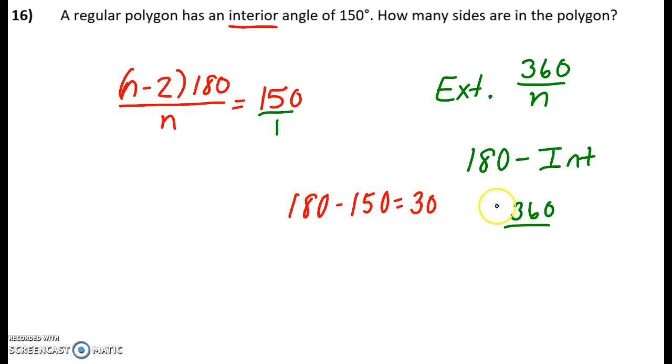So now if I take 360 and divide it by 30, this will tell me the number of sides. So when we make that calculation, 360 divided by 30, we get that there are 12 sides to this polygon. Definitely the easier route is just to take this exterior angle and subtract that number from 180, and then to take 360 divided by that number.